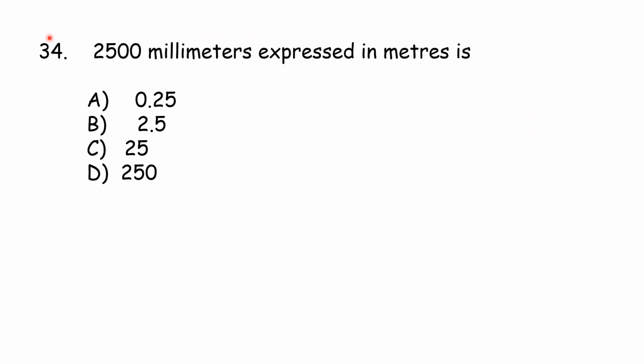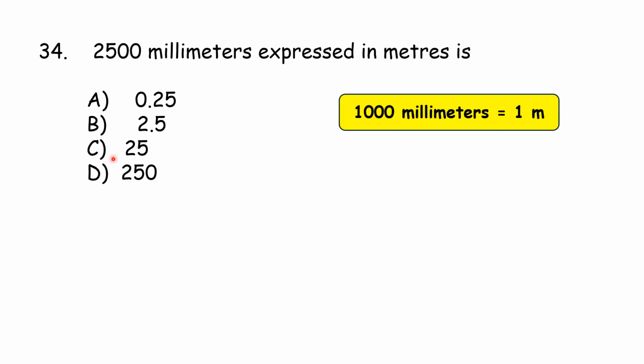Here we have question 34: 2500 millimeters expressed in meters is. The conversion is 1000 millimeters equals 1 meter. So we're going to write the 2500 millimeters, and we want to know how many meters. So here we have to divide.